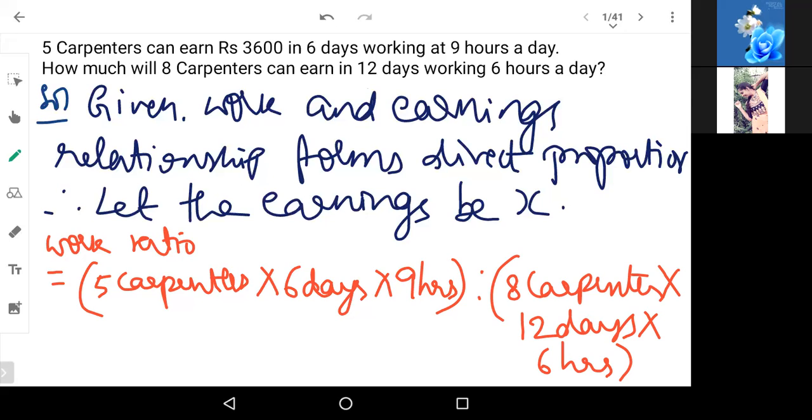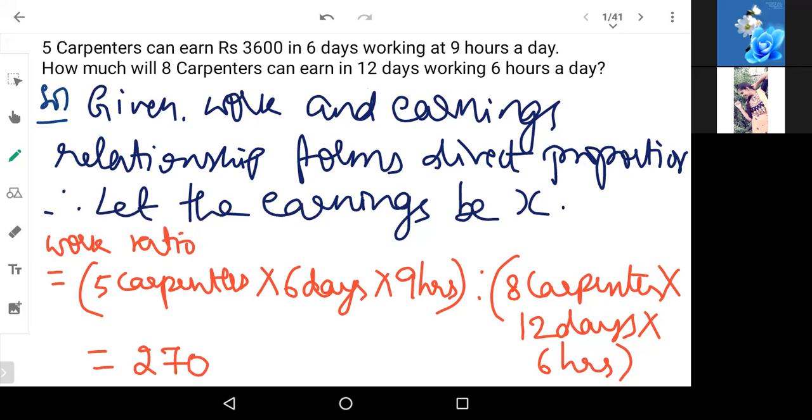Now multiply this: 5 into 6 into 9. 5 6s are 30. 30 into 9 is 9 3s are 27, so you get 270.